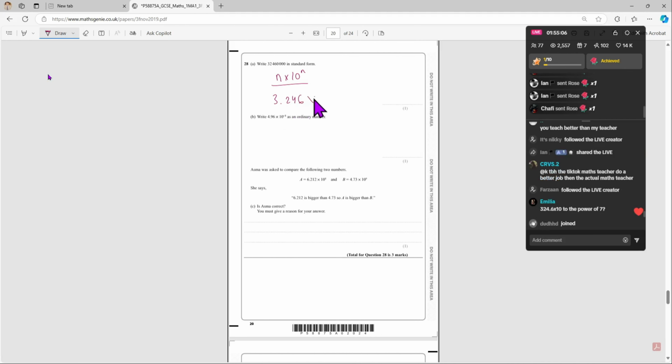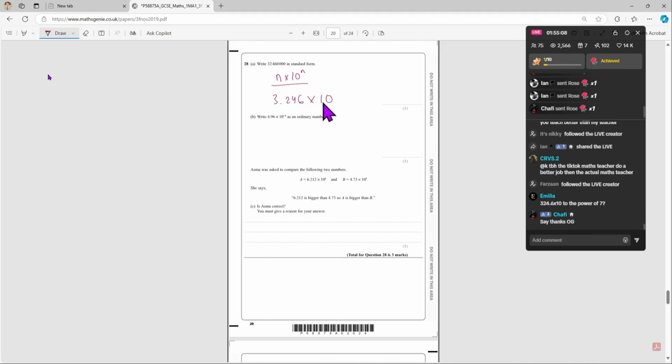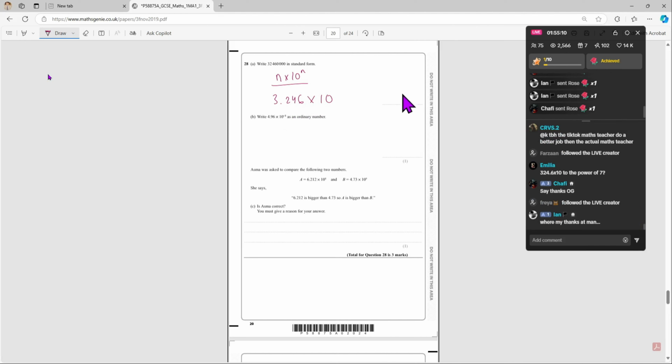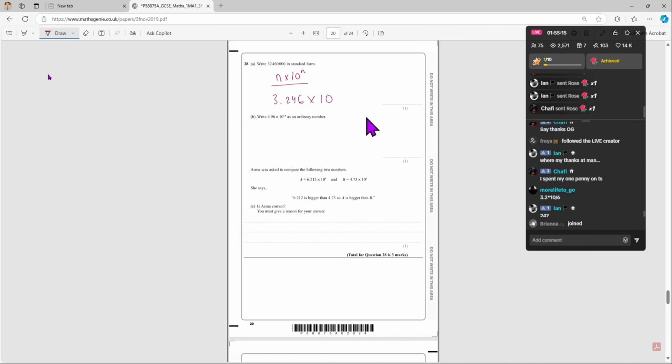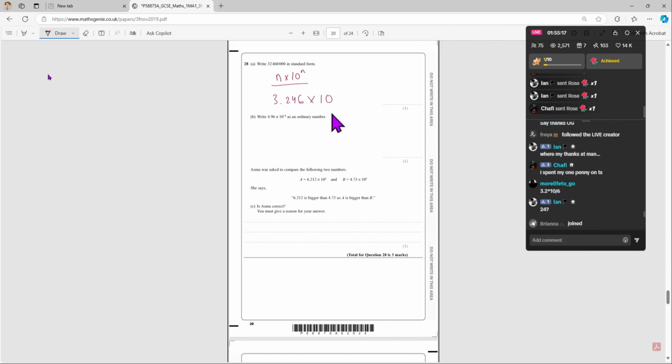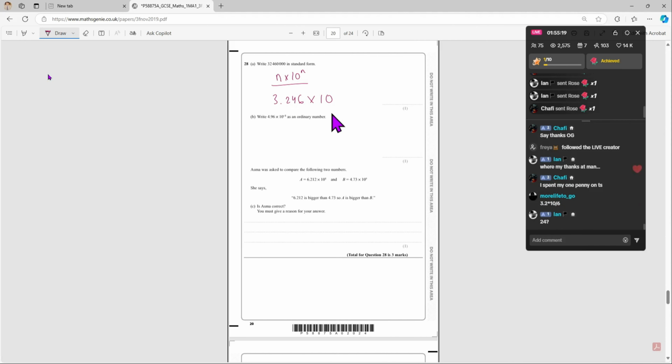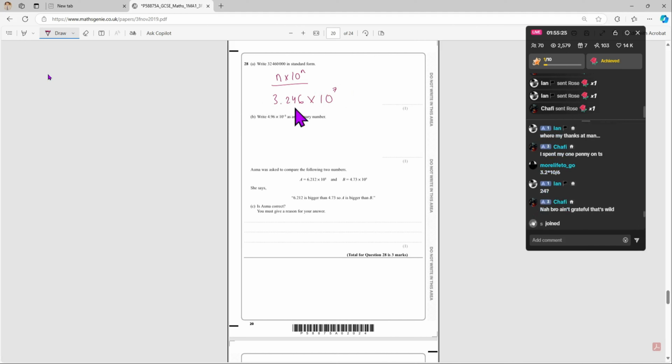And then we have to times it by 10 to the power of something. We have to find it out. It's going to be 10 to the power of 7, because if you move this up 7 times, then you get your answer of 32,460,000.